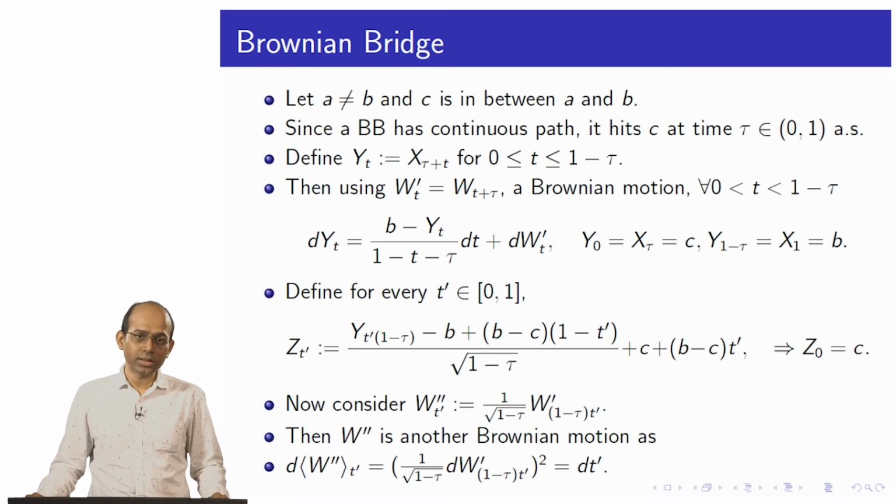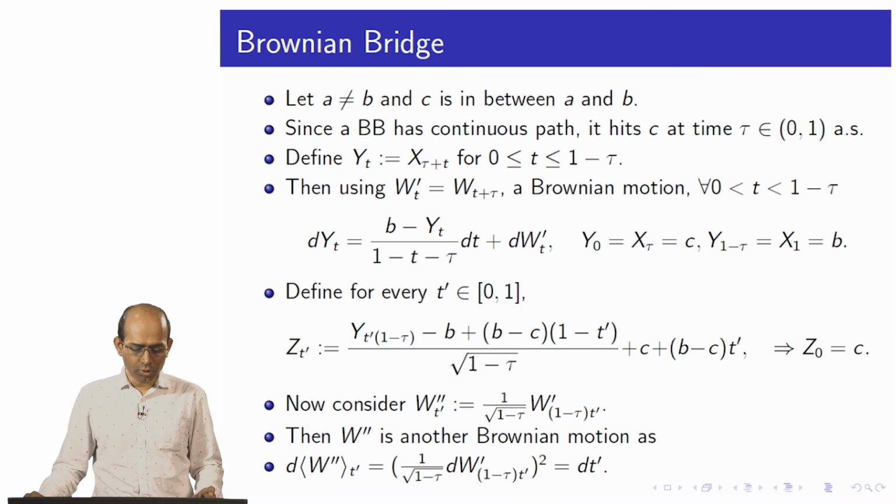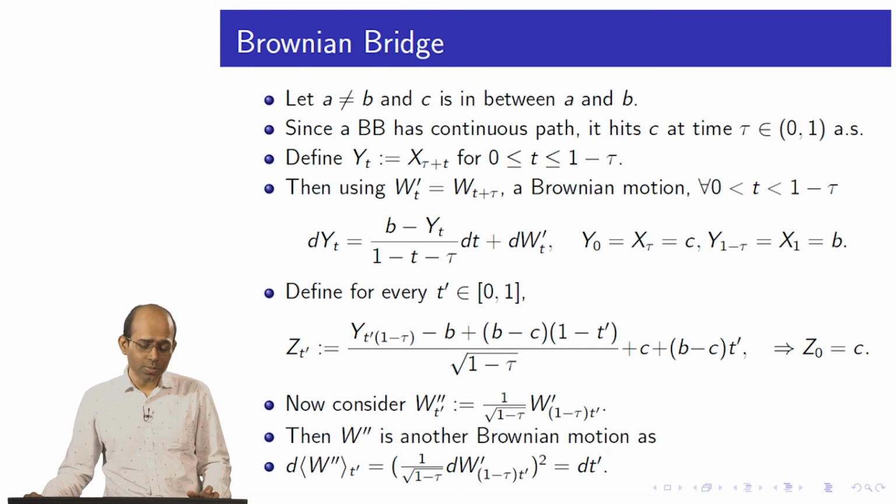As we have seen in the last tutorial session, to compute it we just take the squares of the corresponding differentials. Here we have 1 over square root of 1 minus tau, and the differential is d W prime of (1 minus tau) t prime, the whole squared. From here I get 1 over 1 minus tau, and for this the quadratic variation of W prime appears.